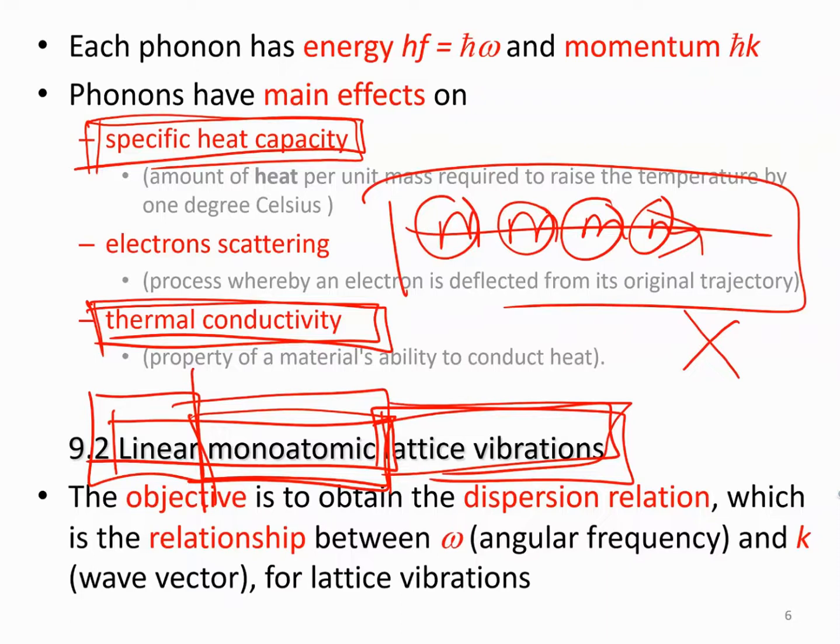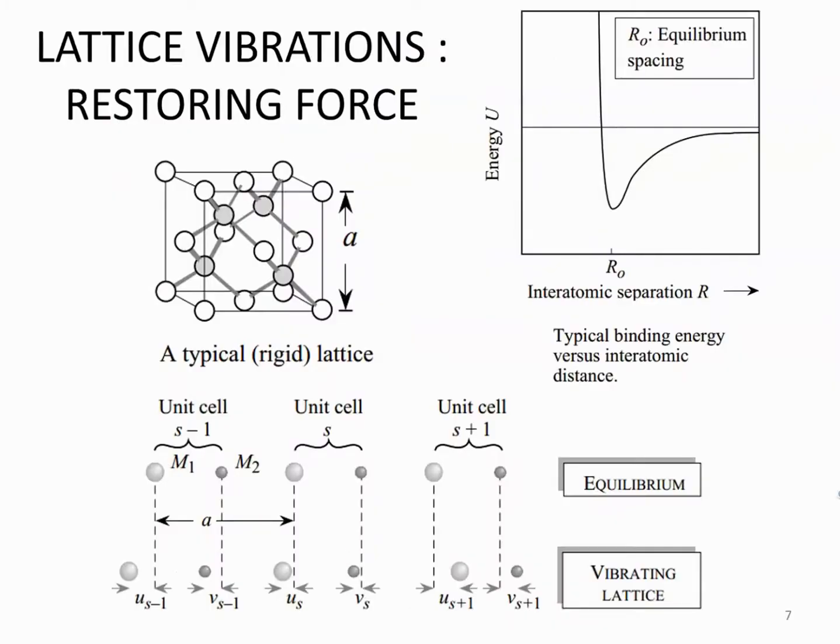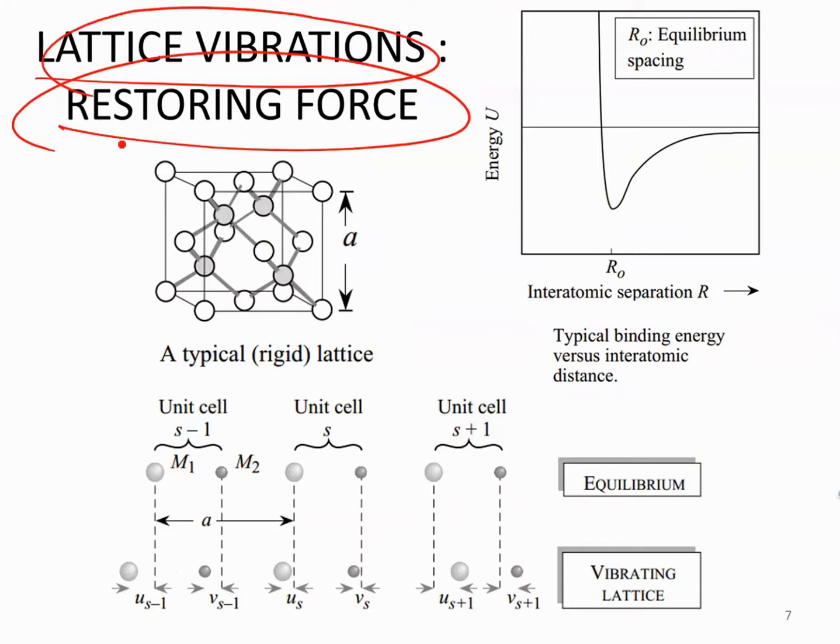We want to find the relationship between omega and K for the phonon. So we will first start from this slide. Lattice vibration actually involves the restoring force because atoms have interaction, and when one atom moves, the second atom will also be dragged and then be forced to move also.